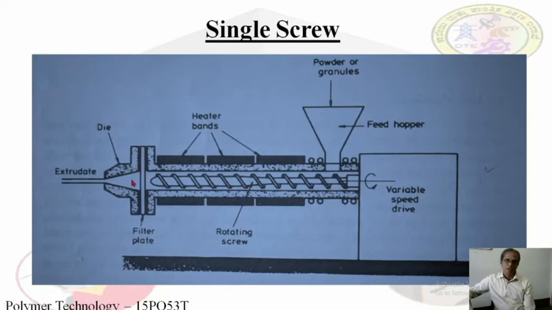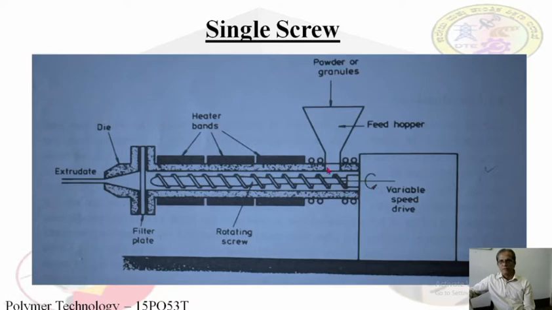And here there is a filtering arrangement, that is breaker plate and screen pack, placed at the exit end of this extruder barrel. And from here onwards is the die which is meant for producing a certain continuous profile, maybe of tube or I section, V section, U section, whatever.